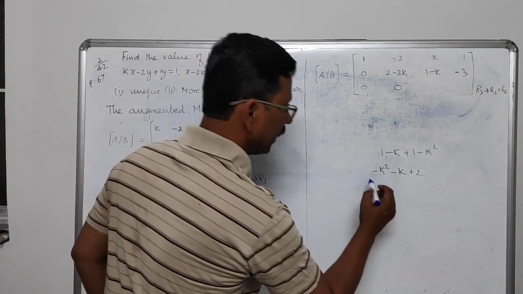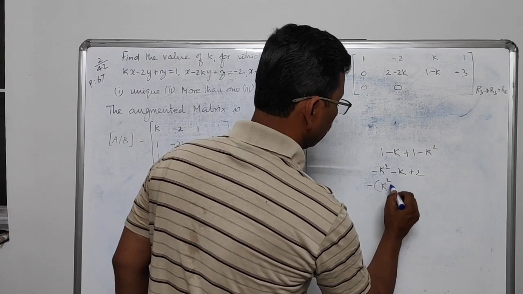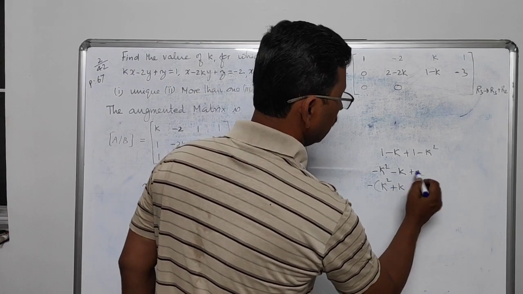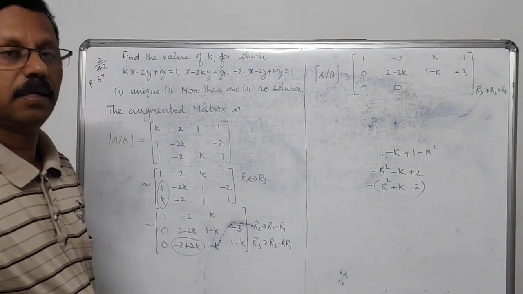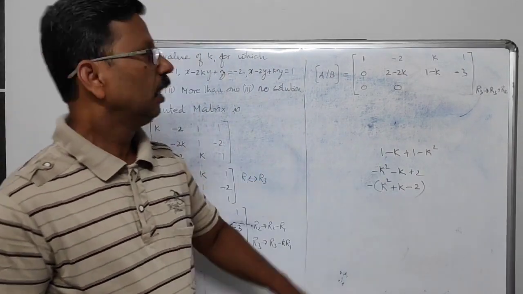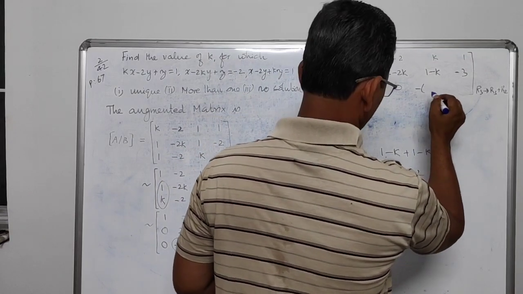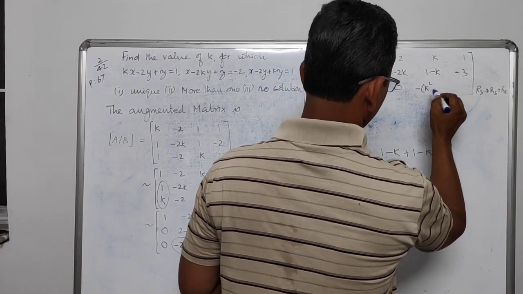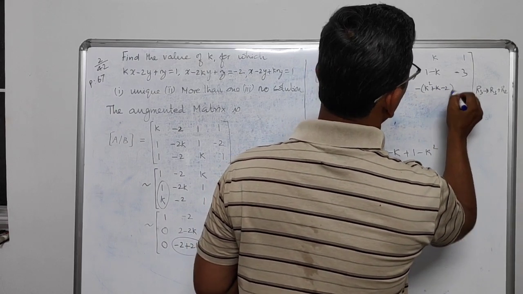If you take the minus sign commonly outside, you get k square plus k, minus 2, so you can write minus of k square plus k minus 2.